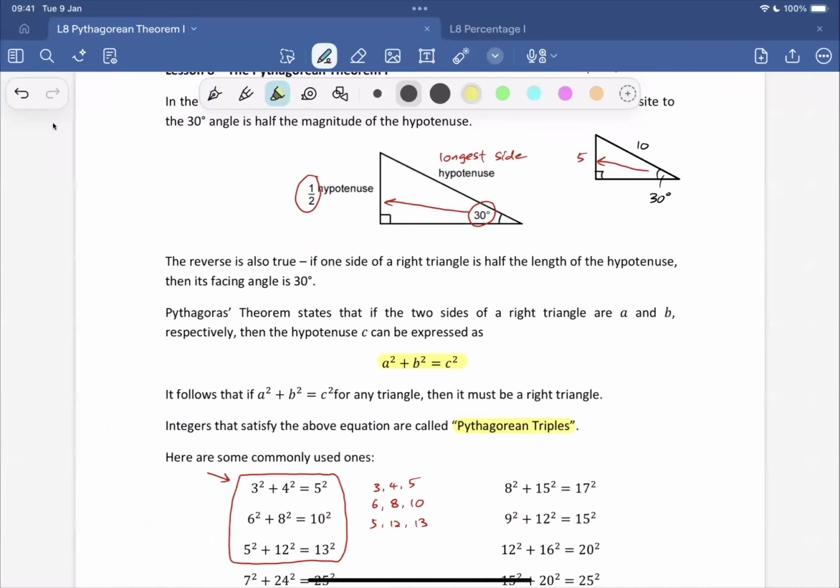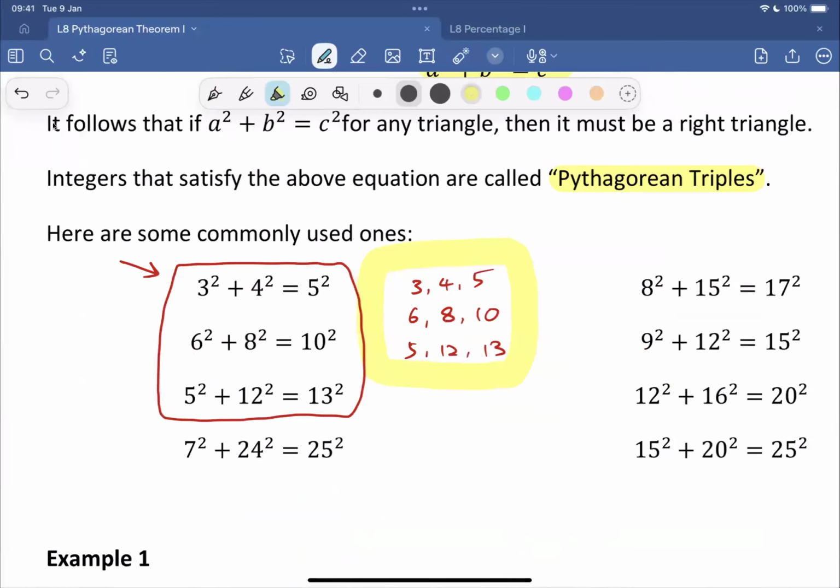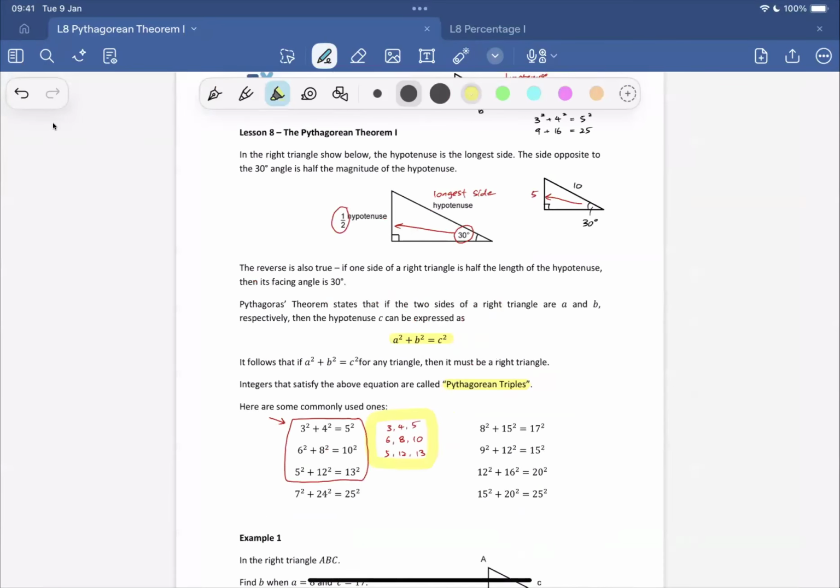Or maybe if you see a 30-degree angle, you can also apply the 30-degree rule, okay? And of course, it will be very helpful if you can memorize the top three Pythagorean triples: 3, 4, 5, 6, 8, 10, 5, 12, 13. So far, anyone have any questions? Raise your hand.